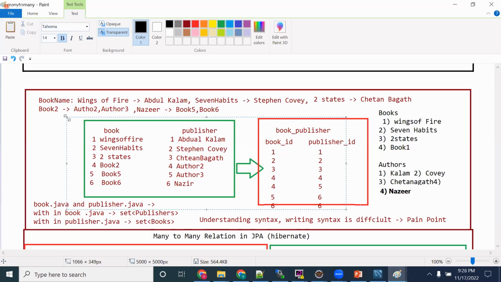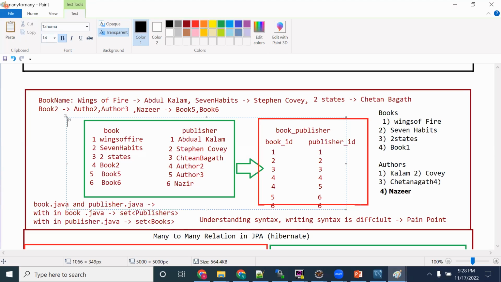I'm talking about plain JDBC, not Spring. If we didn't use any framework, do you feel it's complex or simple? Complex, sir, because it involves two tables' data.